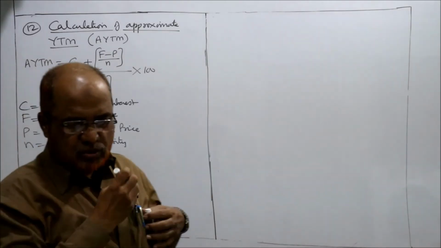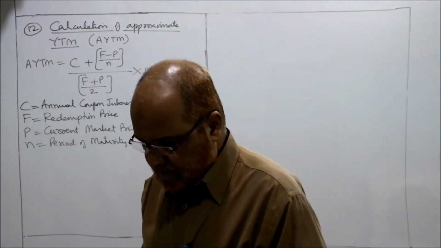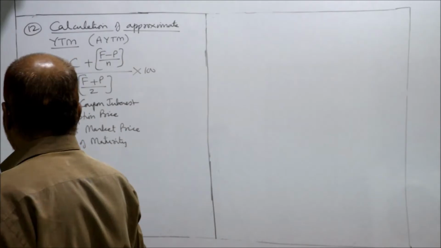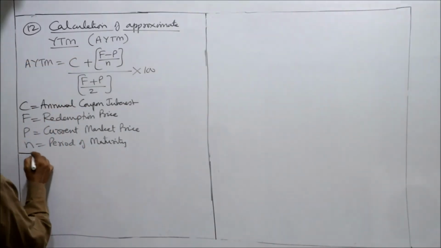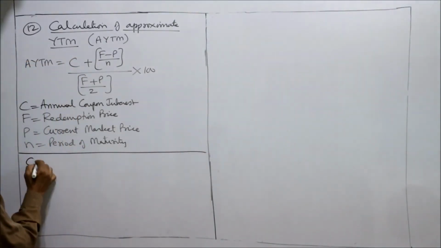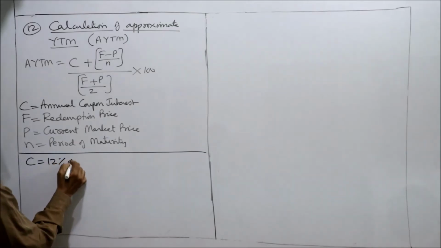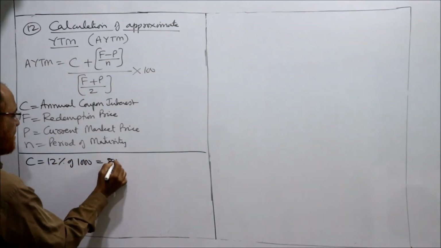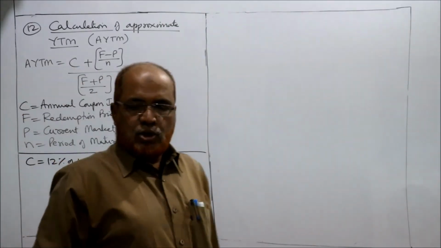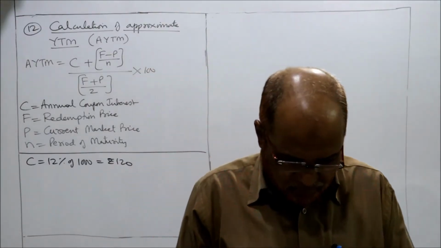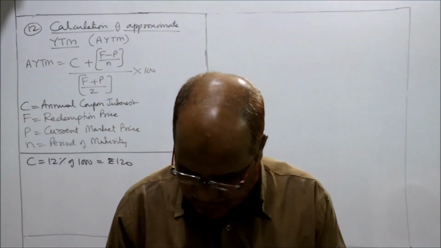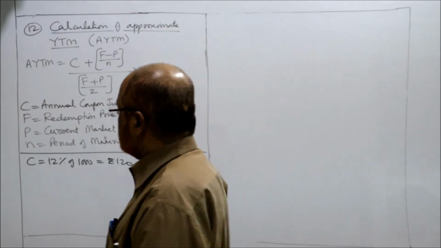Now we substitute the values in our problem. C is equal to 12% of 1000. 12% of 1000 is 120, right? F is equal to redemption price.